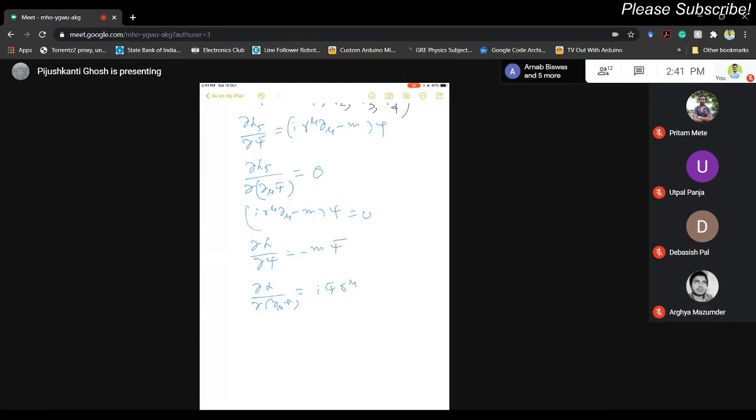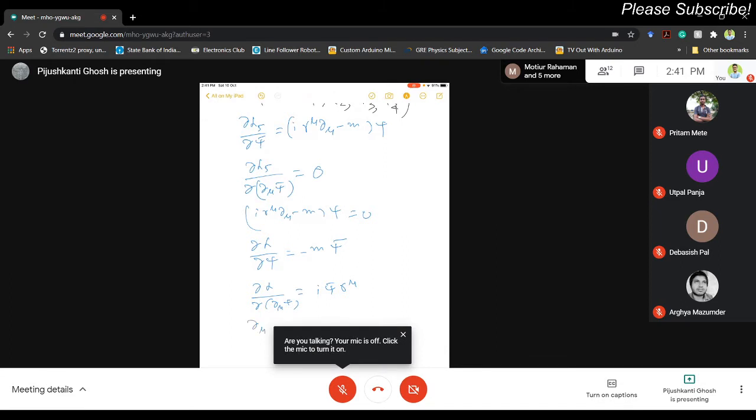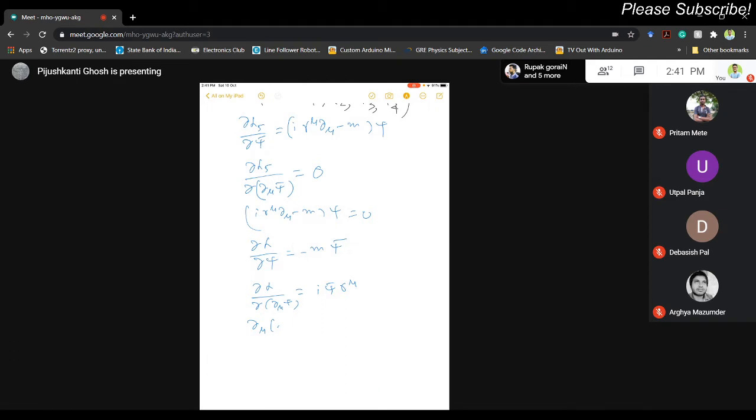So combining this, I get my equation: del mu of i psi bar gamma mu, then the next term with a minus sign in the Euler-Lagrange equation, so I get minus m psi bar equal to 0.